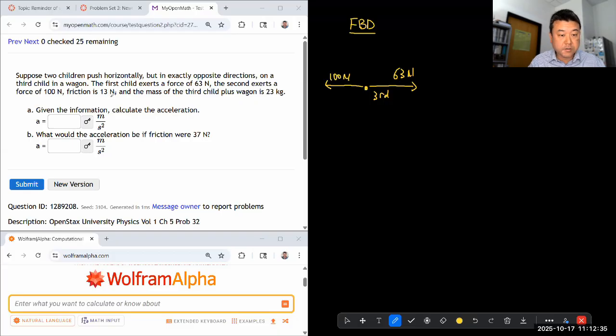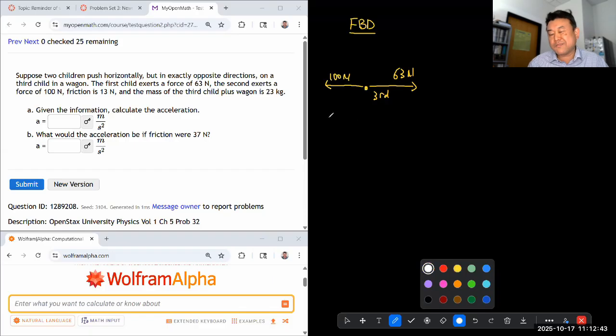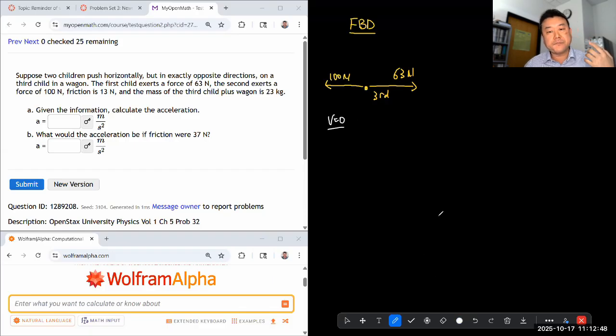Friction is 13 Newton. Now the question doesn't tell us the direction of the force, but it's quite easy, or common, to assume that things are starting from zero speed, then the net force gives you the direction of acceleration. So with the arrangement of forces like this, acceleration is probably leftward.